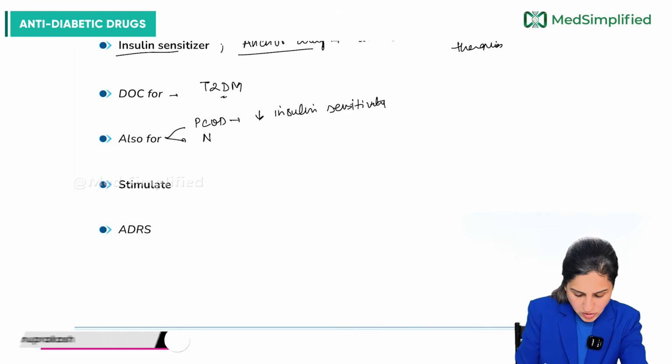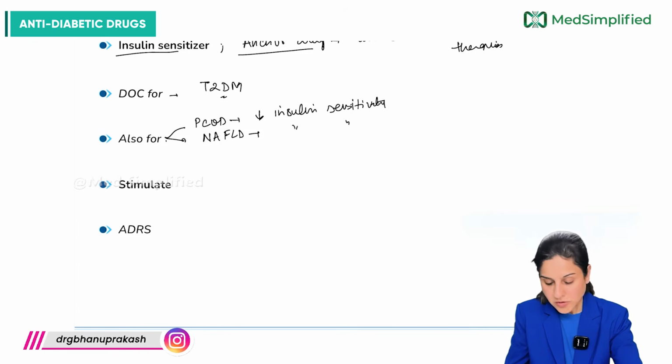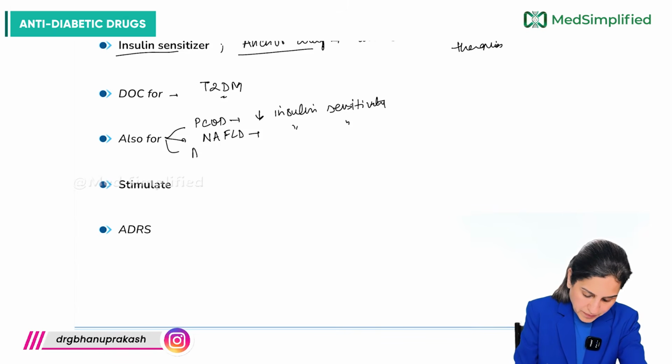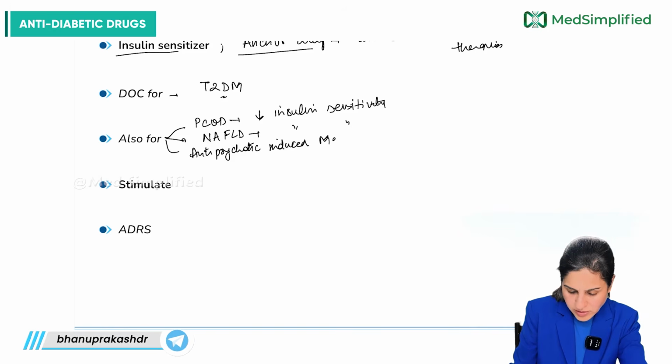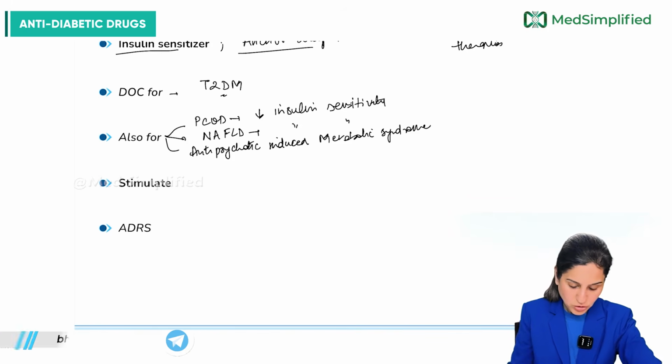Then non-alcoholic fatty liver disease, again it can improve insulin sensitivity. Then in atypical antipsychotic induced metabolic syndrome, where there is weight gain or an increase in blood glucose levels, it can be used there also.